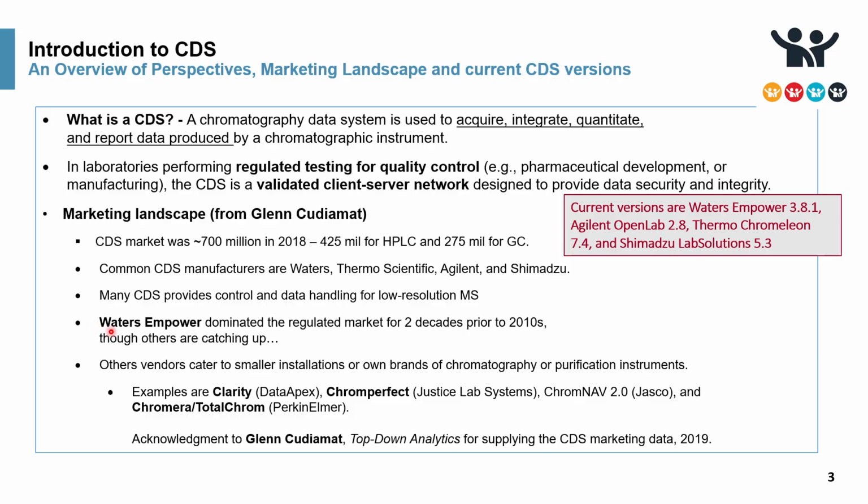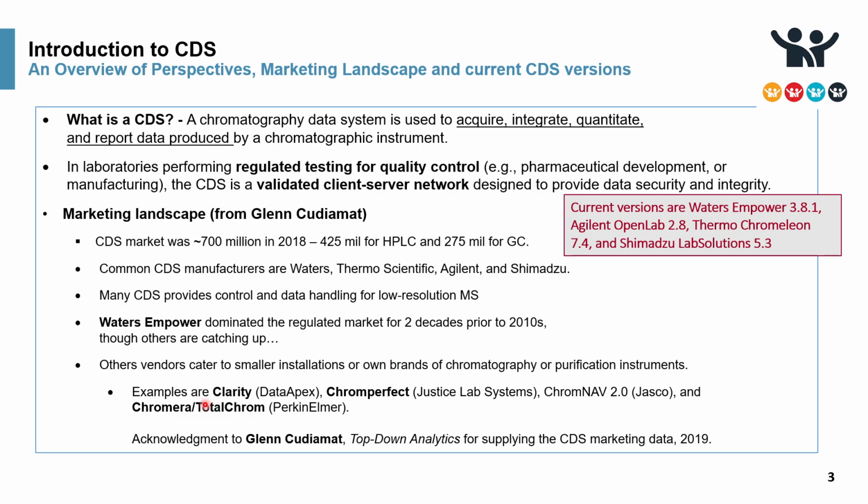I want to say that many CDS software provide control and data handling for both the UV detection, other detectors, and also low resolution mass spec. For many years, Waters Empower dominated the regulated market for QC for 2 decades prior to 2010.